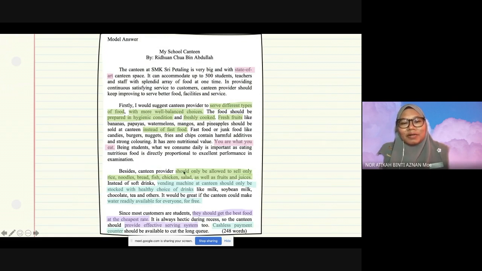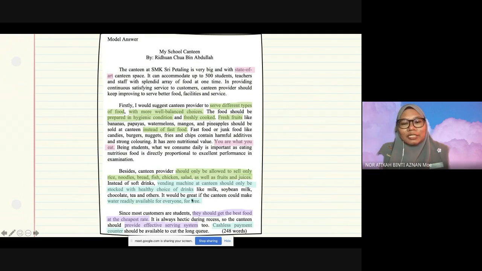Besides, canteen providers should only be allowed to sell rice, noodles, bread, fish, chicken, salad, as well as fruits and juices. Instead of soft drinks, vending machines at the canteen should only be stocked with healthy choices of drinks like milk, soybean milk, chocolate, tea, and others.